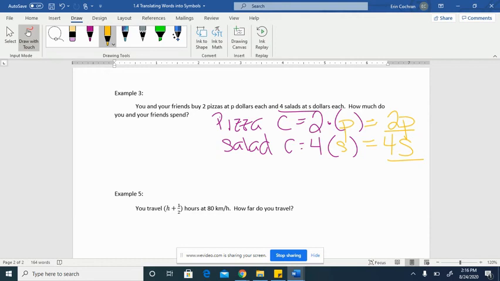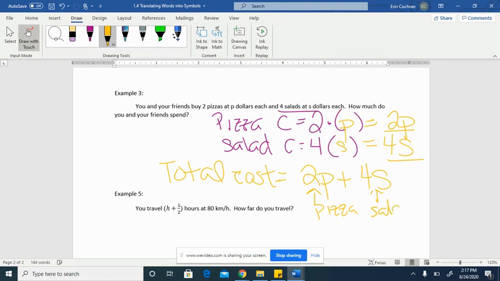If I want the total cost of everything, I would add both of those together. So my total cost would be 2P plus 4S. This is the cost of the pizza, and this is the cost of my salad, and we add those up to get the total cost.